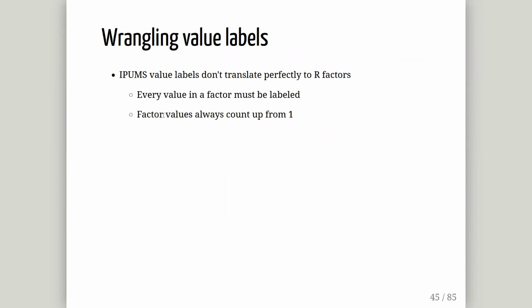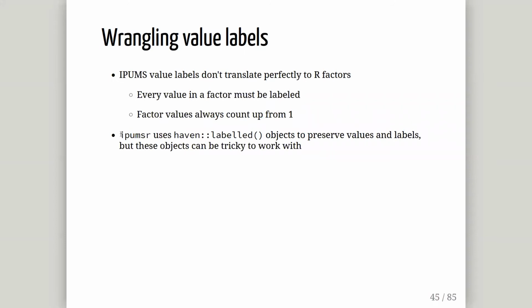And then perhaps most importantly, factor values always count up from 1. So they have labels, but the values are kind of meaningless besides the order. Whereas IPUMS variables often have meaningful values that encode a hierarchical structure, like what we'll see with the education variable in just a minute here.